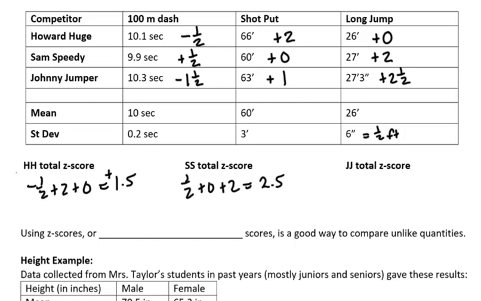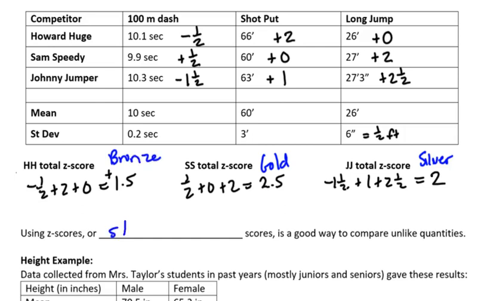And Johnny Jumper, -1.5 plus 1 plus 2.5, for a total z-score of 2. So we see here we have our gold medal winner, our silver, and our bronze. So the takeaway from this is that using z-scores or standardized scores is a good way to compare unlike quantities.